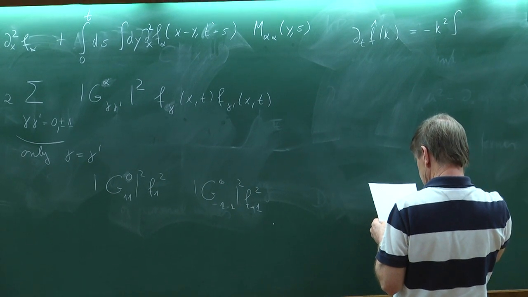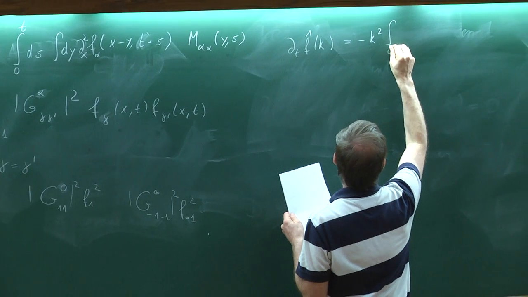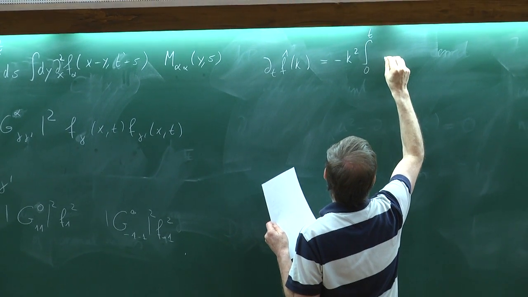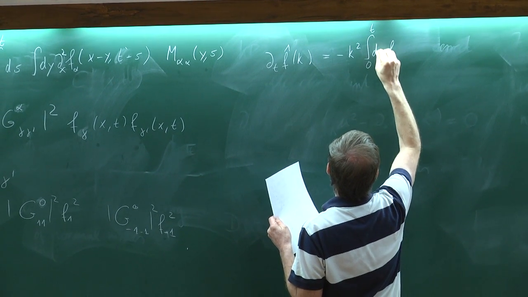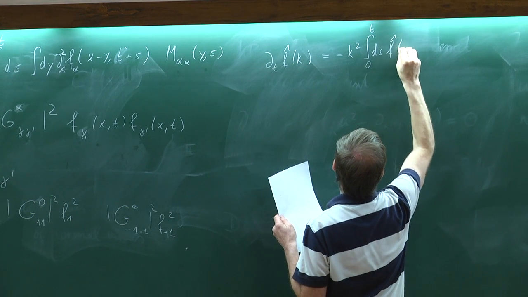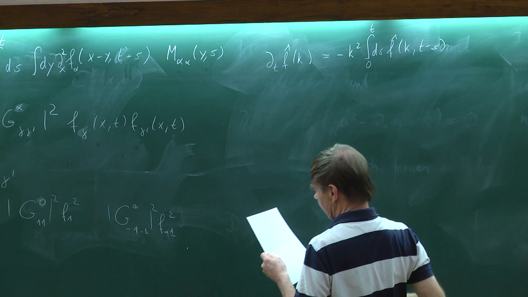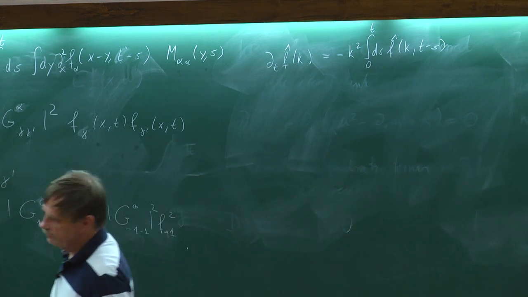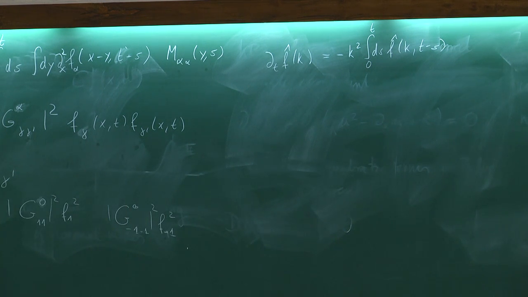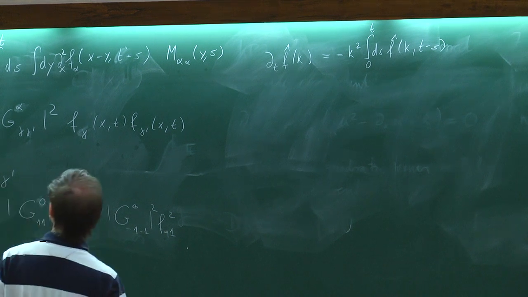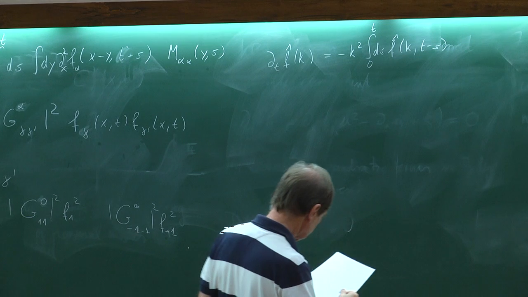And then of course there's the memory term, the integral from 0 up to t, ds, with this function f of t minus s. Because of the long-time behavior, the diffusion will play no role, so I can drop it here.